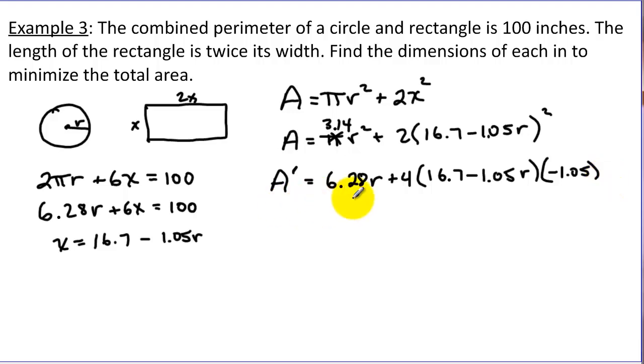Now I'm going to multiply the 4 times the negative 1.05 and distribute that into the parentheses, and also then combine like terms. And if I simplify my derivative, I get this equation here, sorry for the mistake here.